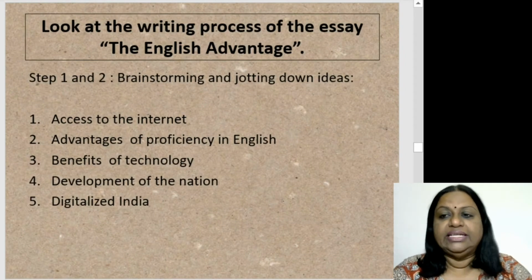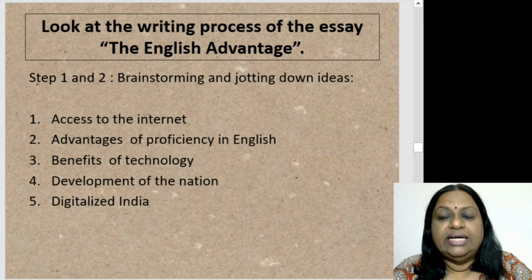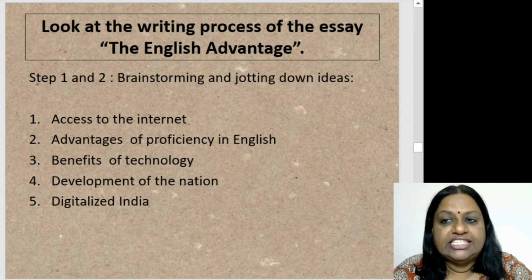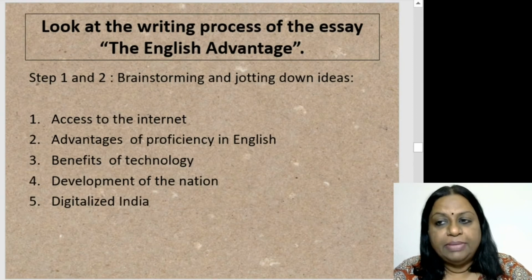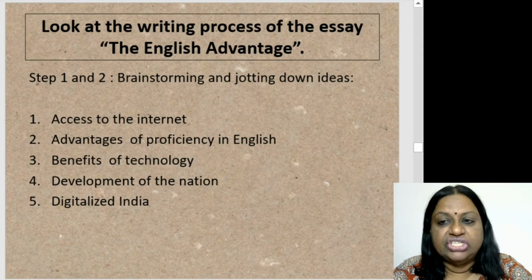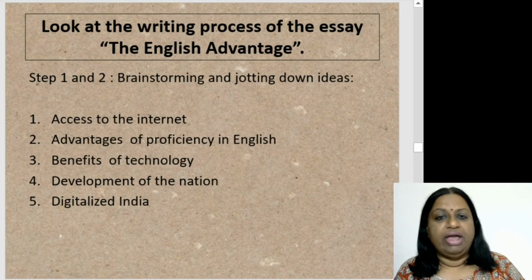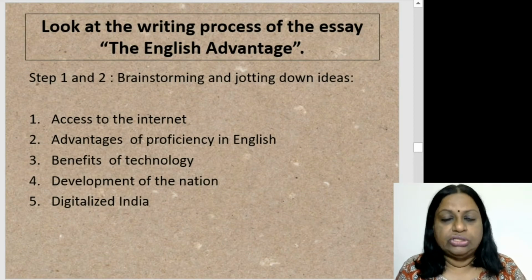Now let's look at the writing process that went into the writing of the discursive essay, The English Advantage. I've broken it up for you. So you remember step 1 and step 2 of the writing process. The pre-writing stage is brainstorming and jotting down ideas. So let's look at how all the ideas would have come had this student brainstormed and jotted it down.